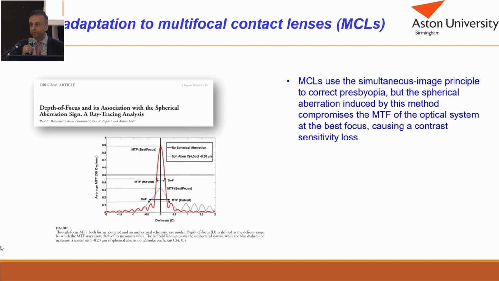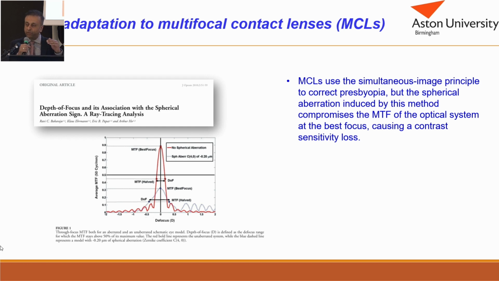So people talk about how we adapt to multifocal contact lenses. In fact, multifocal contact lenses use this principle of spherical aberration. But by increasing the spherical aberration, you compromise the modulation transfer function, the MTF.